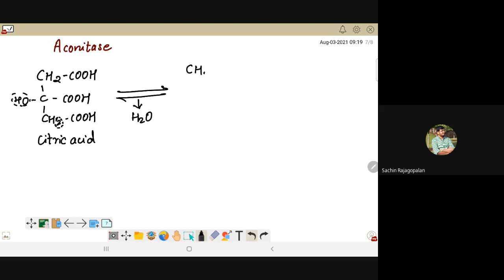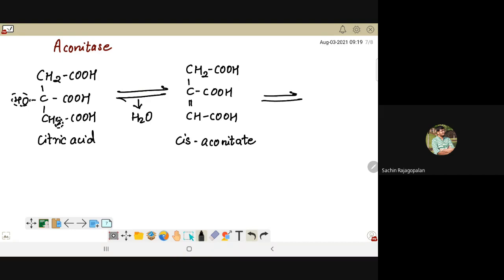So the product that you will get will be CH2COOH, CCOOH, double bond CHCOOH. This is nothing but cis-aconitic acid, also called aconitate. Cis-aconitate. Now, in the very next reaction, you will add a water molecule.